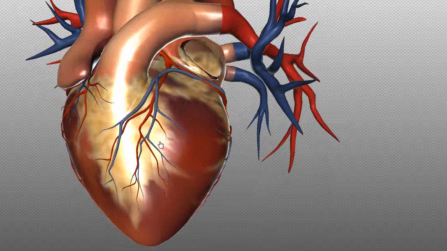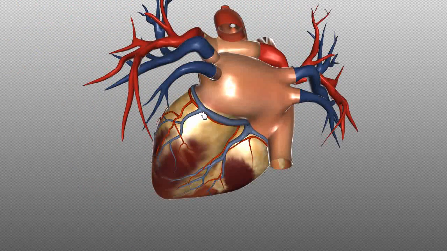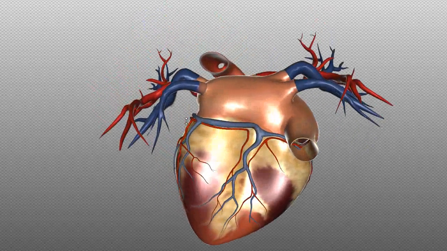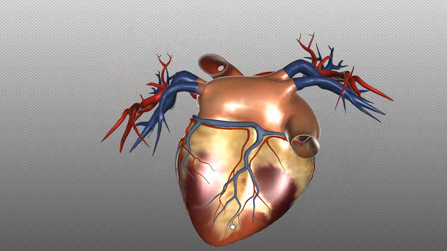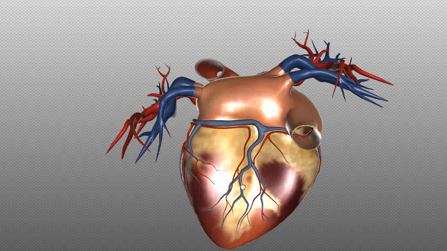It runs down the anterior interventricular surface, winds round and drains into the coronary sinus. You've got this vein which runs down the posterior interventricular sulcus, and this is called the middle cardiac vein, and this drains into the coronary sinus.